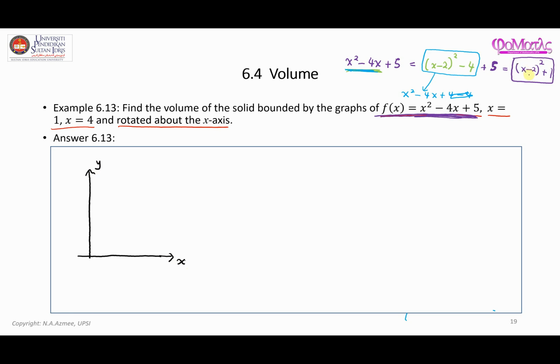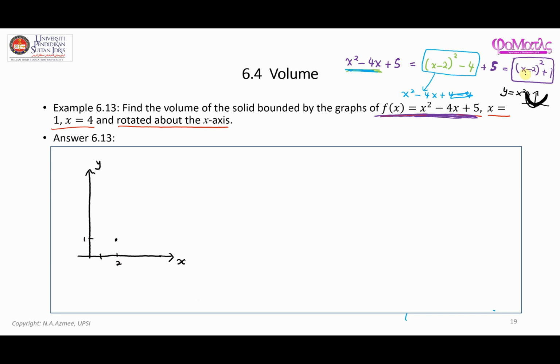The basic graph is y is equal to x squared, which you know will be looking like this. If you have minus 2, that means the graph will be shifted 2 units to the right, and plus 1 means the graph will be shifted 1 unit up. So it will be at this point here, 2, and then 1 unit up. Something that looks like this.